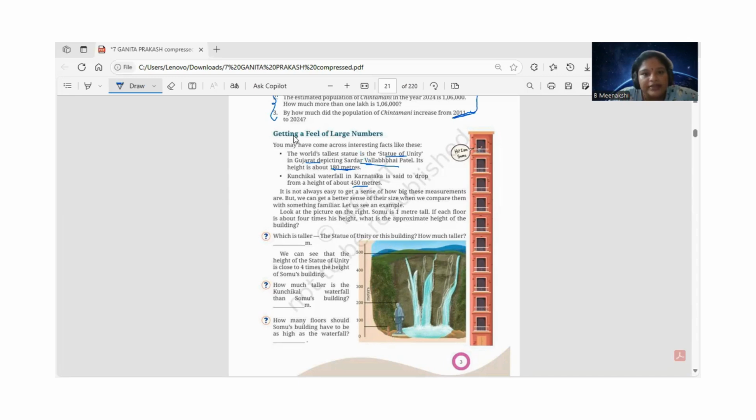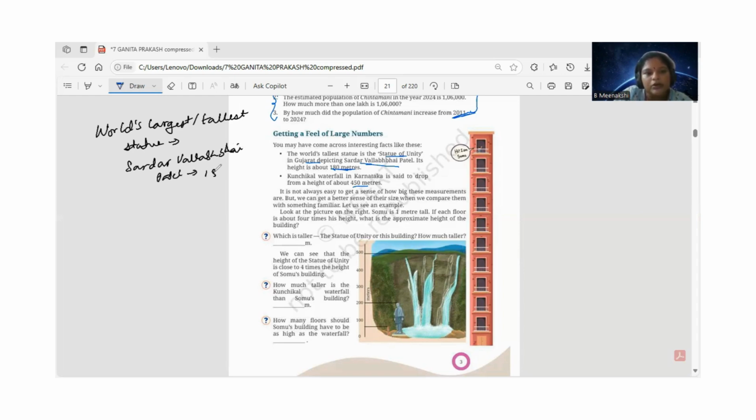Now we will see larger numbers. For this we take two situations. One is the world's largest, or you can say tallest, statue, that is Sardar Vallabhbhai Patel.